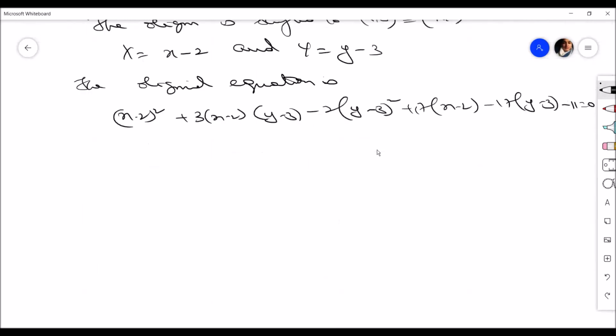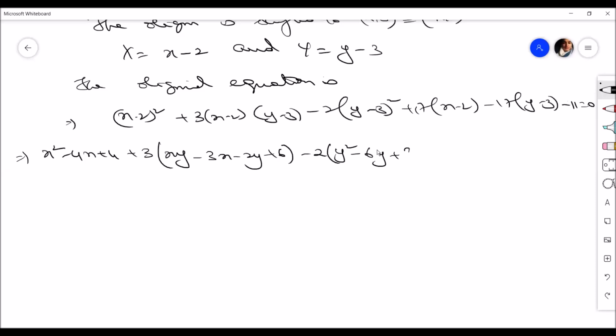Simplifying this further, the rest is your algebra. You'll be getting x square minus 4x plus 4 plus 3 into (xy minus 3x minus 2y plus 6) minus 2 into (y square minus 6y plus 9) plus 17x minus 34 minus 17y plus 51 minus 11 is equal to 0.